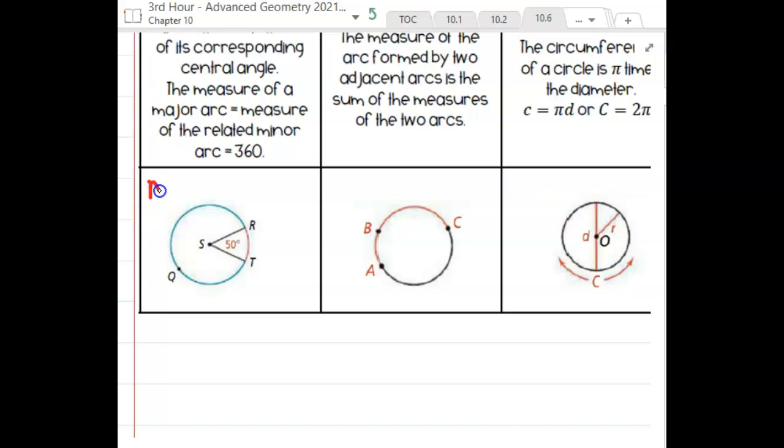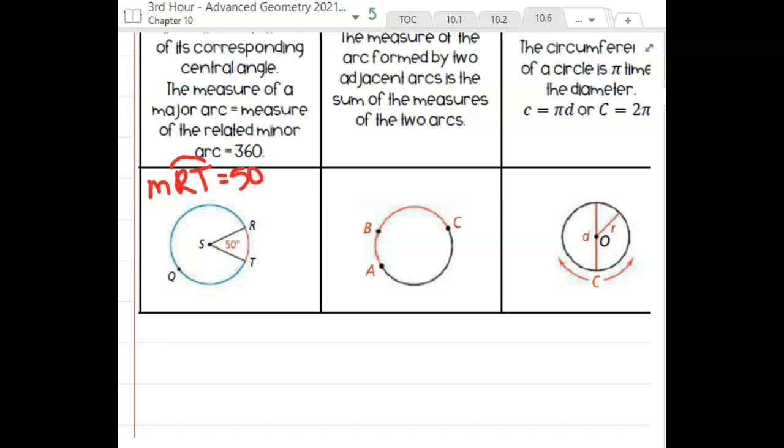The notation for the measure of arc RT is going to look really similar to when I talk about the measure of an angle. It's going to be the same as the measure of the corresponding central angle. If the central angle is 50 degrees, the measure of arc RT is also going to be 50 degrees.